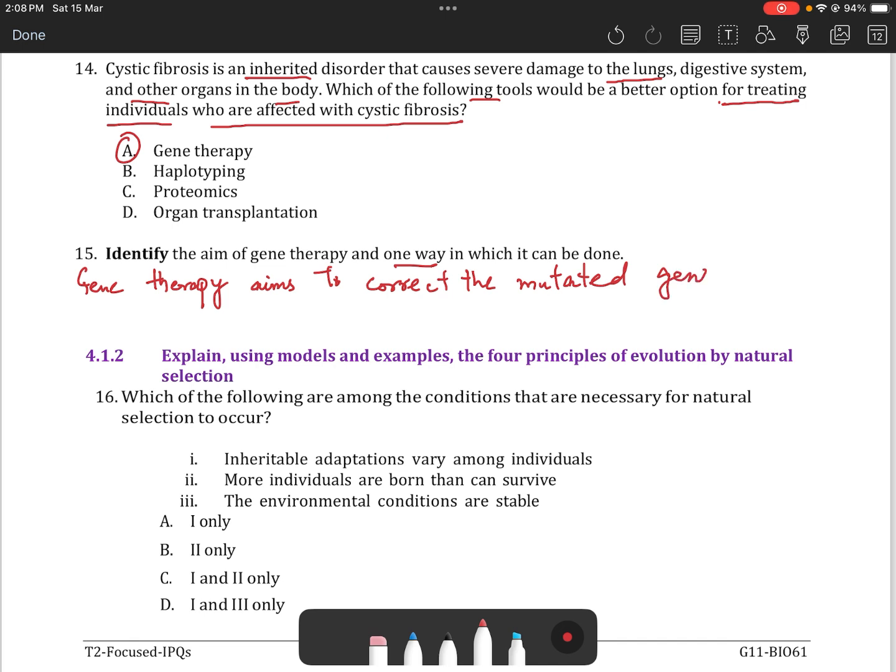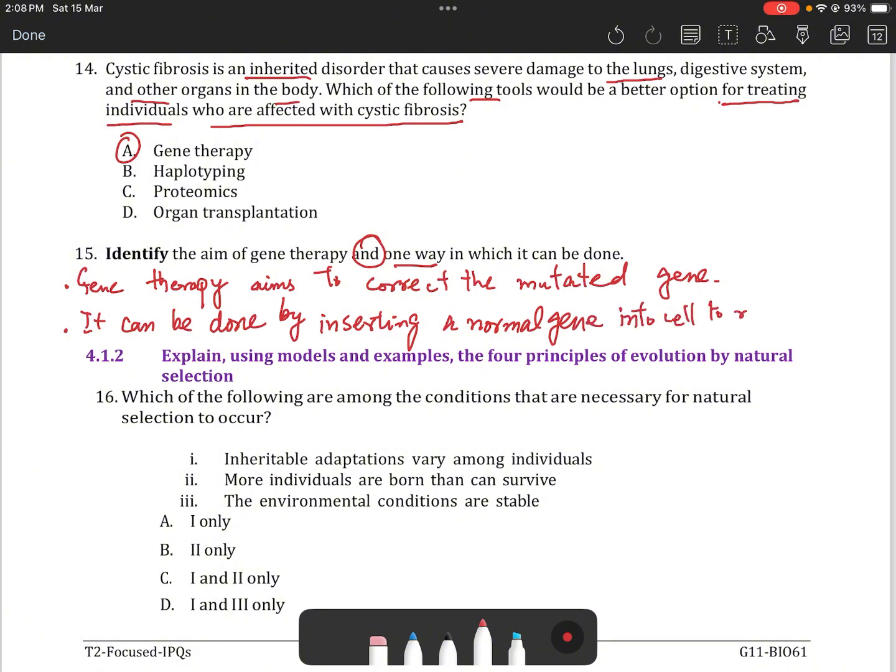And how is it done? Okay, second part, remember there are two parts. It can be done by inserting a normal gene into cells to replace the non-functional or mutated gene, you can say non-functional gene.